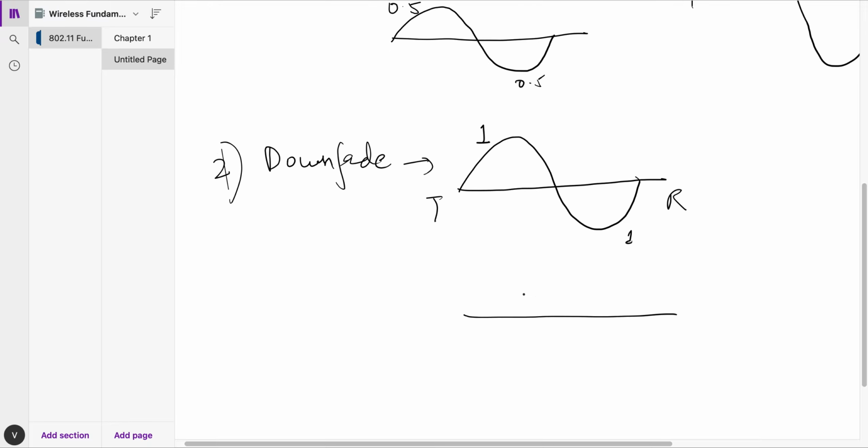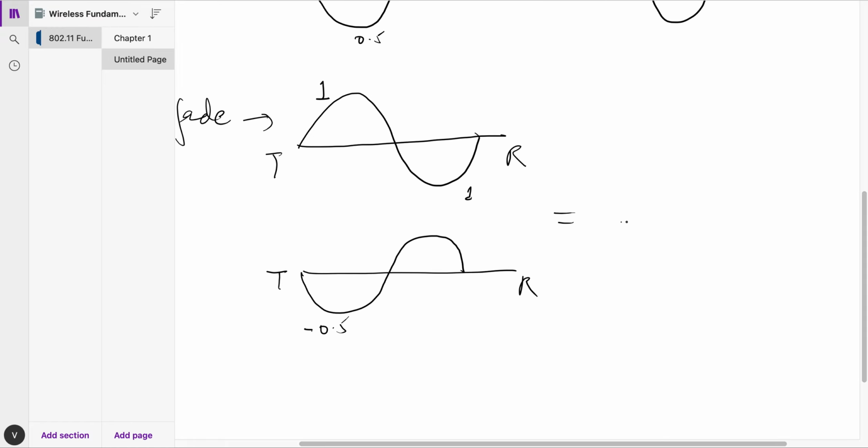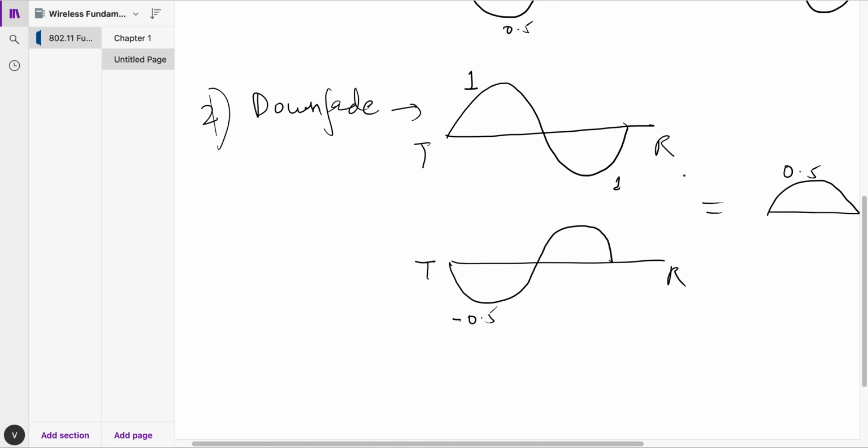The second wave that arrives has an amplitude of 0.5, but in the opposite direction. The resultant wave becomes something like this with an amplitude of 0.5. Now this is downfade. The amplitude got reduced.